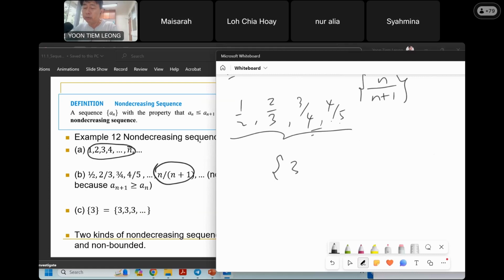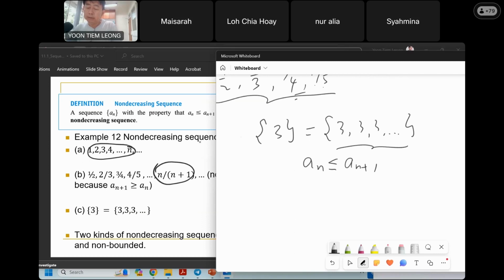Now, how about a sequence that contains a constant of 3, where all the terms in the sequence are constants? This is also considered a non-decreasing sequence because it fulfills the condition of a_n less than or equal to a_(n+1). In this case, you don't have the smaller sign, but you have only the simple situation where the term before it is always equal to the term after it.